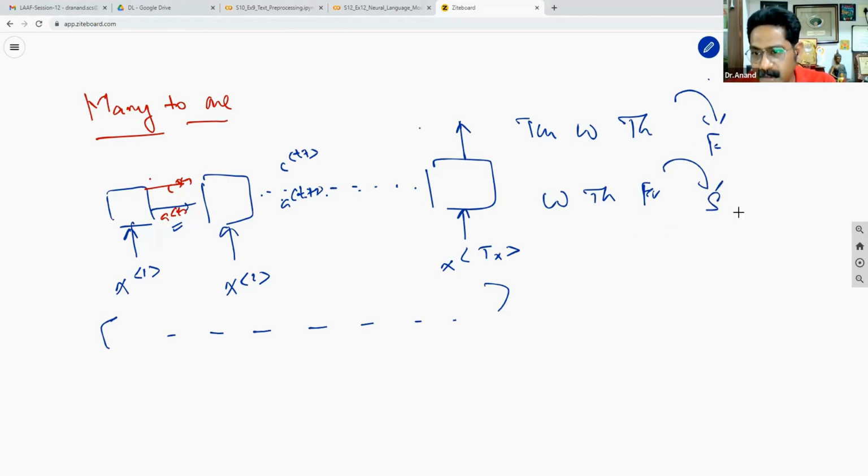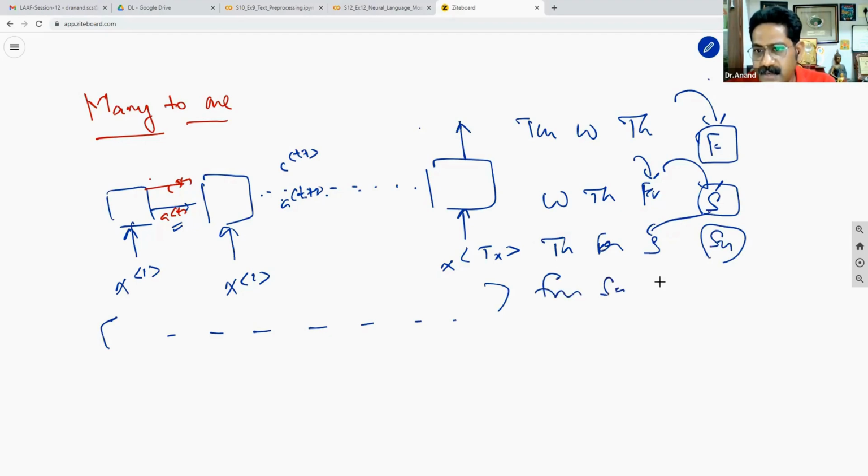Same model, I can repeatedly call. Whatever value is predicted, I'll be feeding as my third value, and I can use it for the Saturday prediction. Then Thursday, Friday, Saturday predicts Sunday. Again Friday, Saturday, Sunday, I can use for the Monday prediction. So this is just a for loop. I can write it to operate again and again.